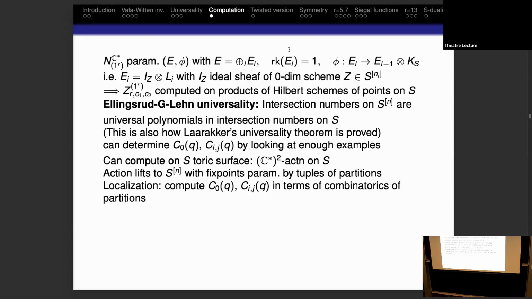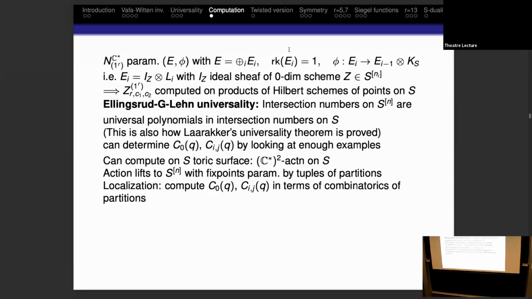In local equivariant coordinates near the fixed points, the ideal of the subscheme will be generated by monomials, like x^{n_0}, y times x^{n_1}, and so on, where these n_i form a partition of a certain number. And so that's how it comes to pass.